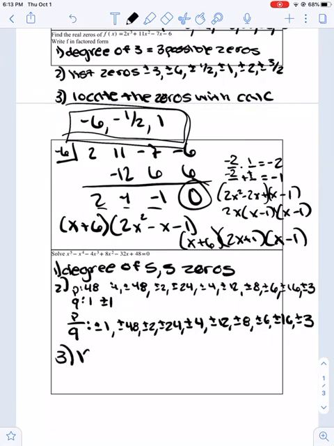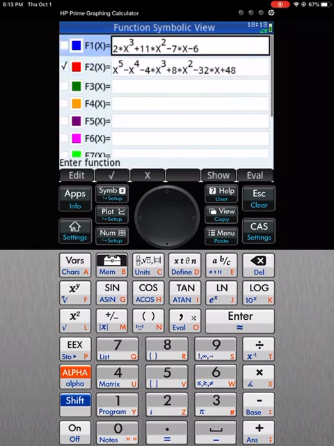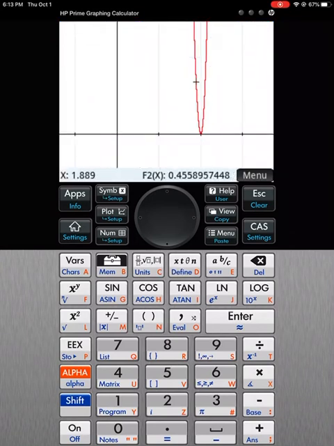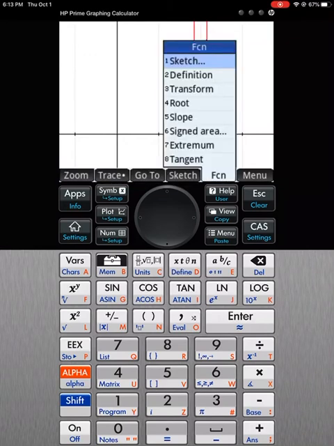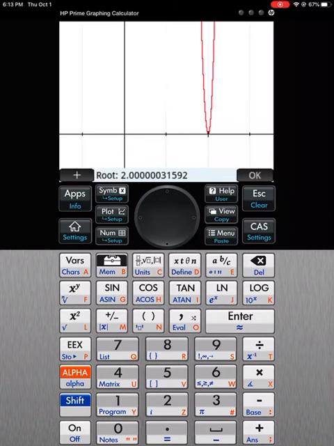All right, next step, look at the graph. So I'm going to look at the graph. I already put it in the calculator, so I'm going to press plot. And it looks like right here we have a zero of 2.00000, so about 2, okay?